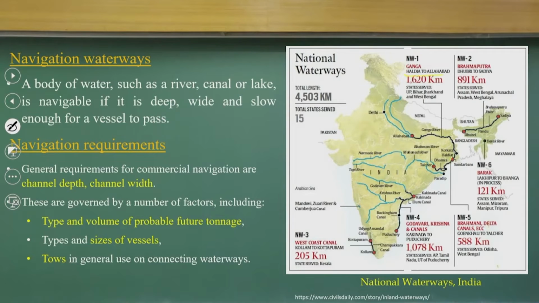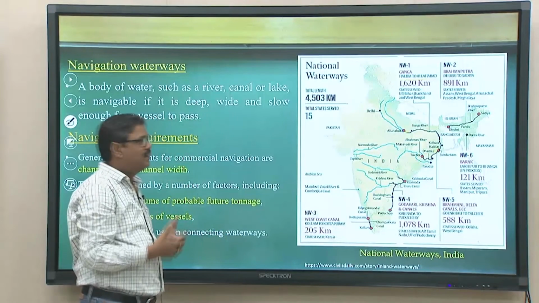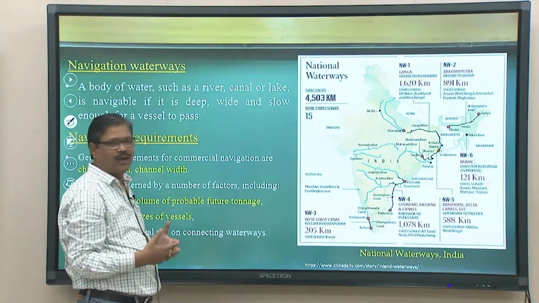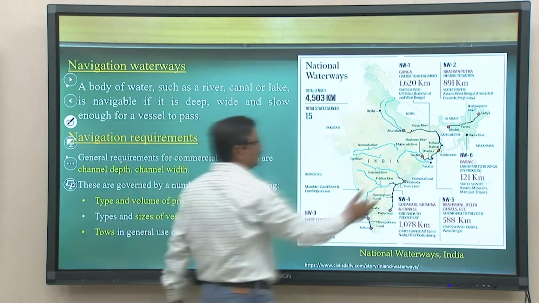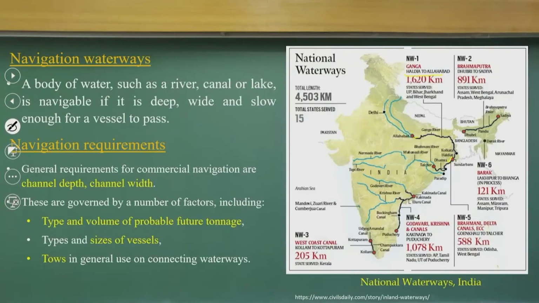So, from Haldia to Allahabad, we have the river system that we can use. We have been using it as National Waterway 1 to transport goods from Haldia to Allahabad, and that covers states like UP, Bihar, Jharkhand and West Bengal.